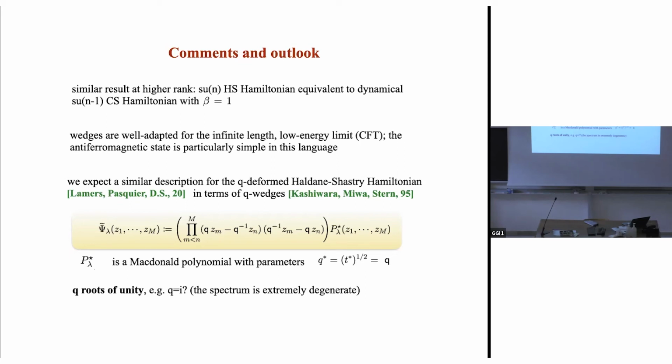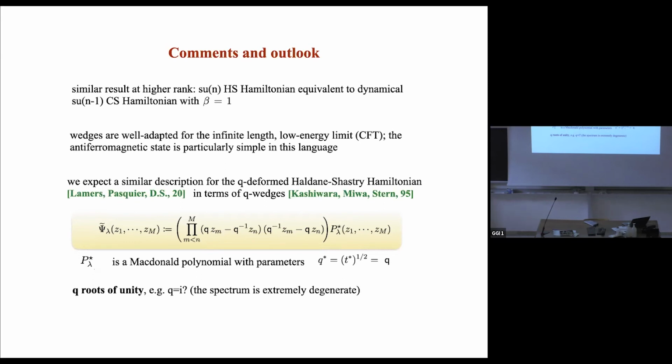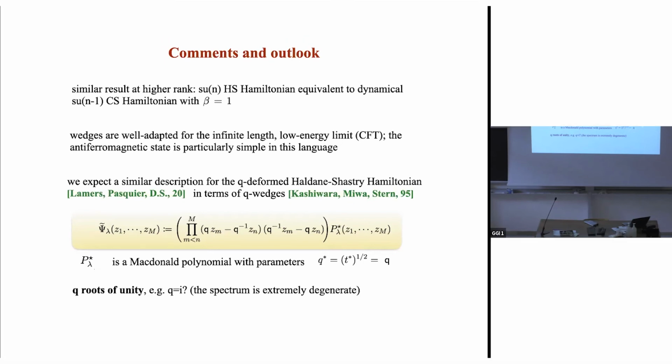So the model is an XXZ-like deformation of Haldane-Shastry with a deformation parameter, which is Q. So the eigenfunctions that we get are Macdonald polynomials with a special value of the Q and T parameters. And instead of having this Zi minus Zj factor, we have this Q Vandermonde factor. So this model allows us to explore a bigger space of parameters.